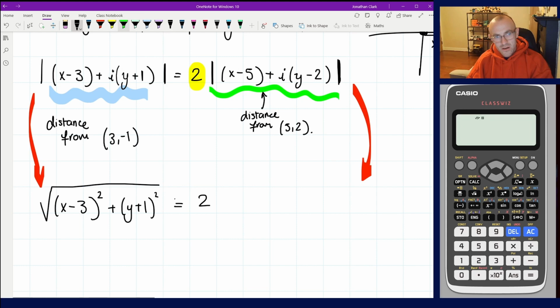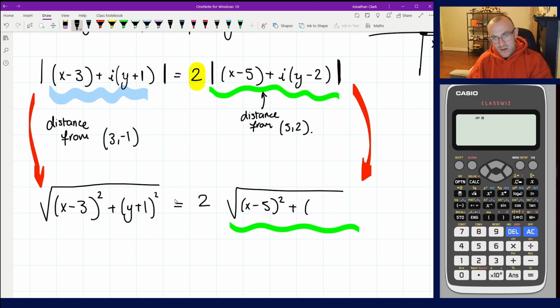And the thing in green is going to turn into the square root of x minus 5 squared plus y minus 2 squared. Notice that going from this step to the next, the i's have been dropped completely because we've gone from coordinates in an Argand diagram to purely thinking about distance. So when we use the modulus formula, we don't include the i's in any part of that. They're just gone.